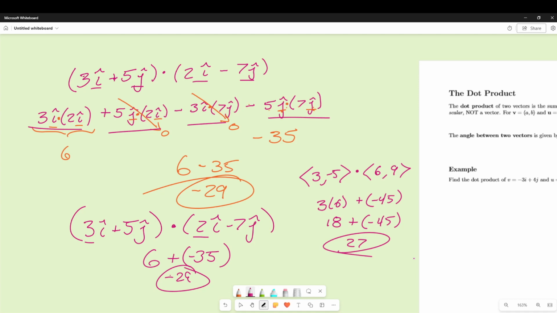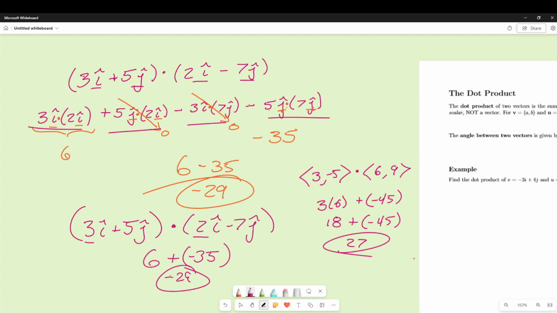Now, what that 27 represents depends on what your vectors are. So if you've got, say, force and distance, then we're talking about work. If we've got, oh God, so many, but don't worry about that yet. It depends on what the objects are. Right now, we're just going to stick with the mechanic. Work is the good example, though.